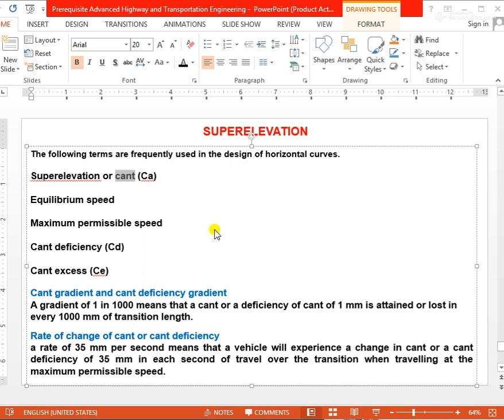It is the same in railway also. The radius of curvature, actual cant deficiency, cant excess, and the length of the transition curve are all related to the maximum permissible speed of the track.